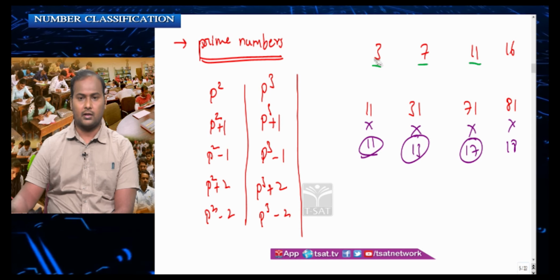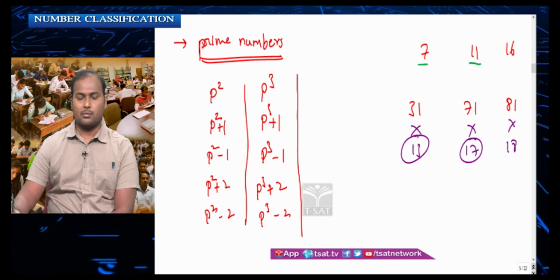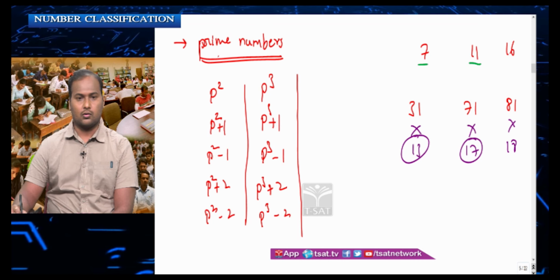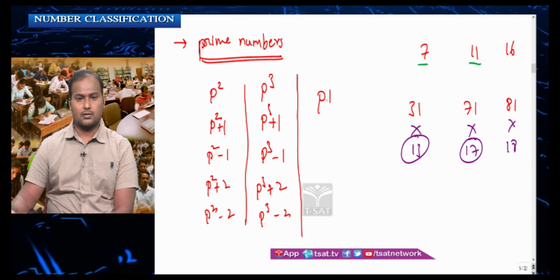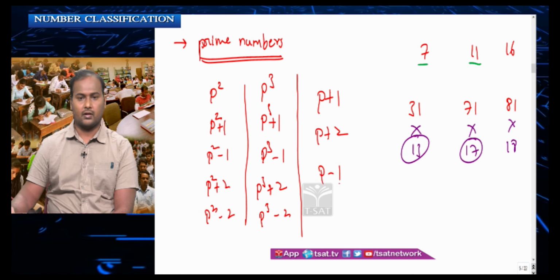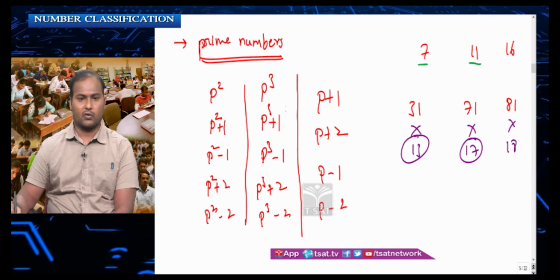These are very important. If you know these numbers very well, it will take very little time to analyze in the exam. So for prime numbers, p plus 1 and p plus 2 are possible. In the same way, prime number minus 1 and prime number minus 2 are also possible.